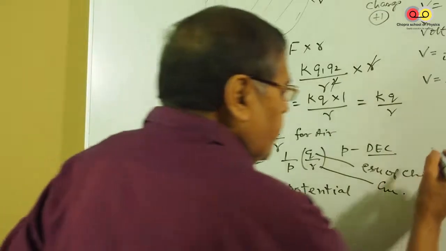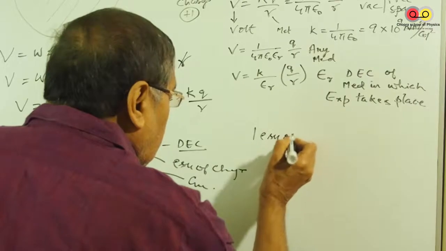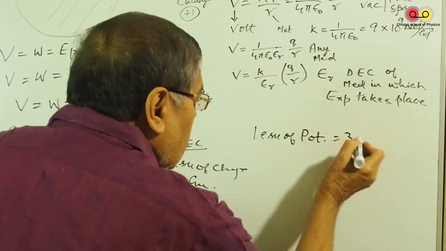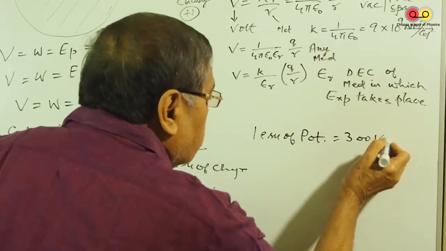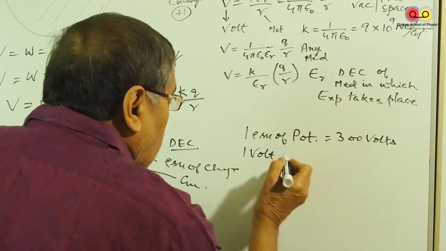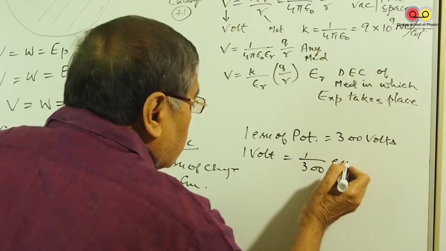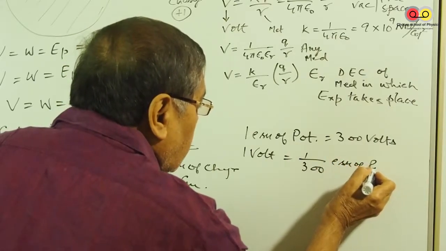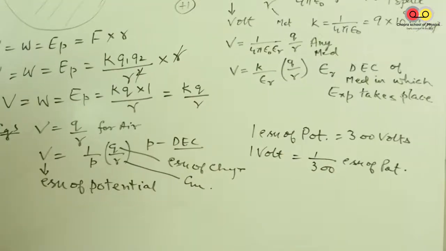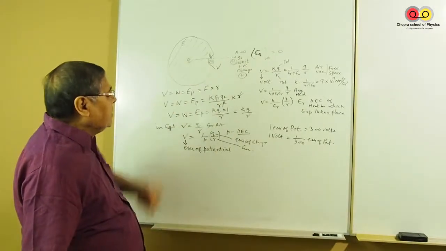So we will say that 1 electrostatic unit of potential is equal to 300 volts, or 1 volt is 1 over 300 electrostatic unit of potential. So this is all about the units of potential, and we have discussed how to estimate potential in a field.